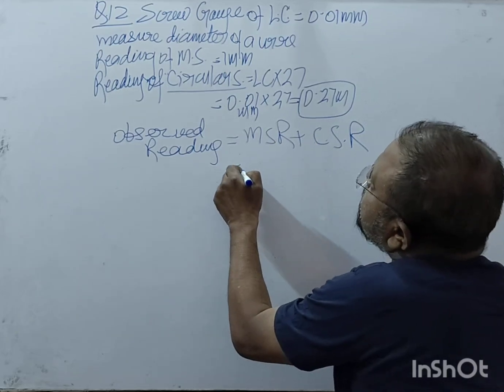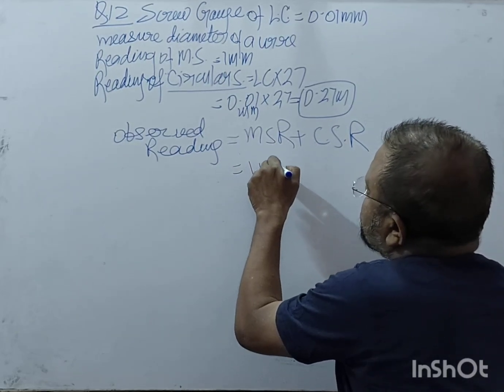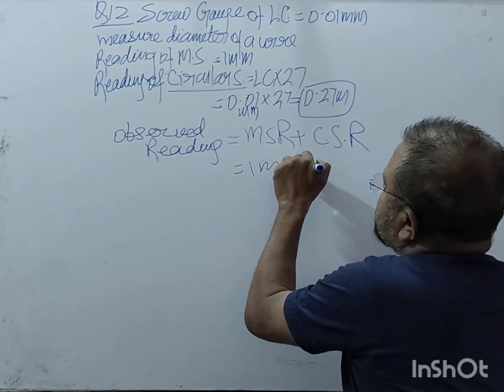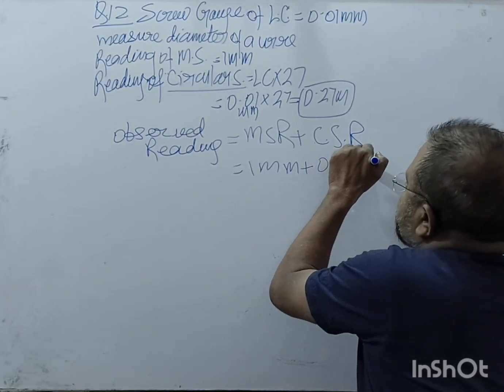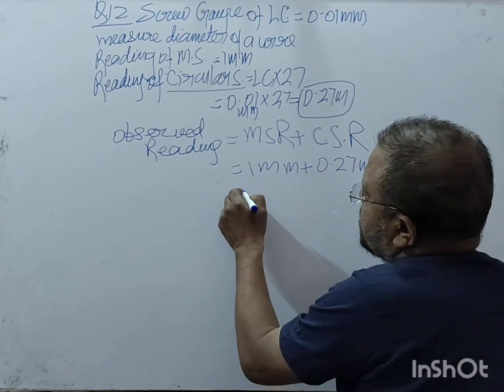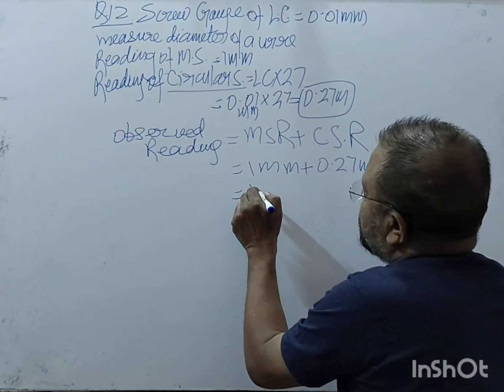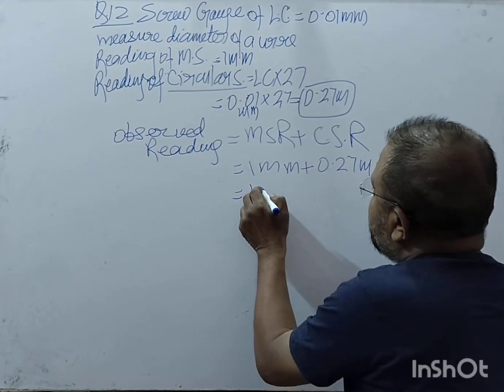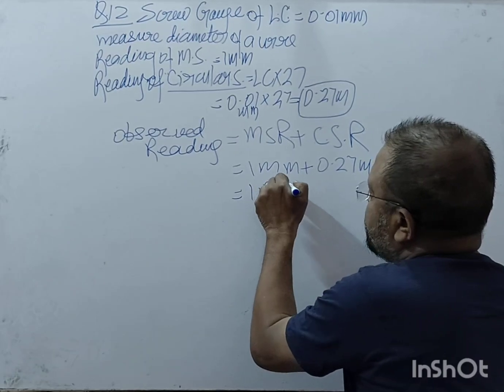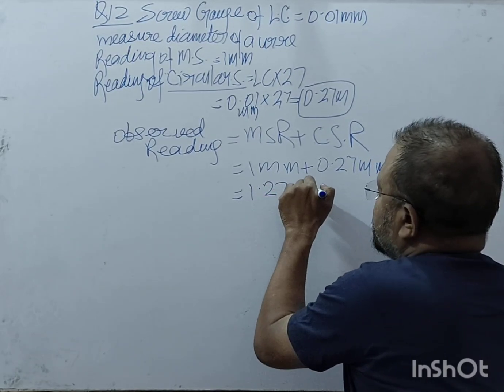So it is 1 millimeter plus 0.27 millimeter, right? So that is 1.27 millimeter.